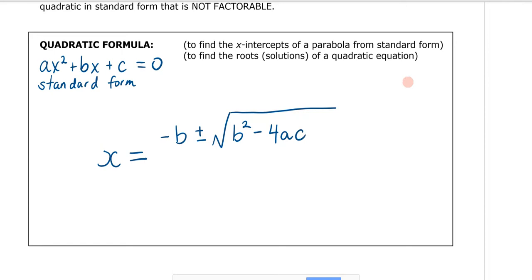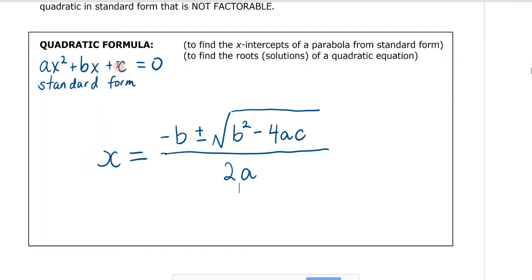Keep in mind the square root sign is over this whole expression. So you do b squared minus 4 times a times c, and whatever number you get there, you take the square root of that. And then everything here is divided by 2a. And a, b, and c all come from the a, b, and c in the standard form.